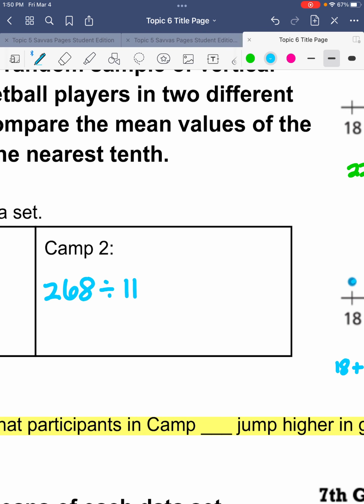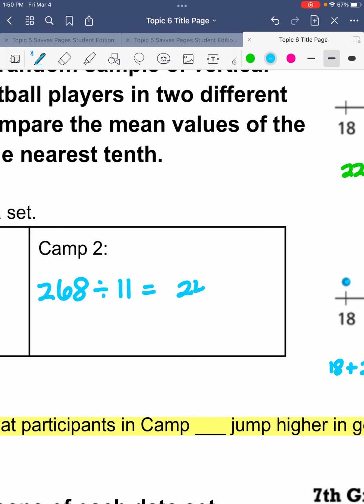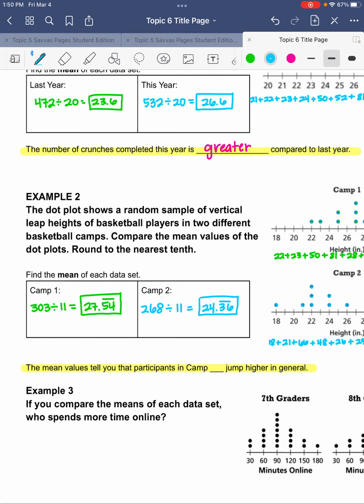So 268 divided by 11, when I put that into my calculator, I get 24.36 repeating. So that is my mean for camp 2. Well, what do you notice? Hopefully you notice that one is bigger. So that means at camp 1, they jump higher in general. Participants in camp 1 jump higher in general.